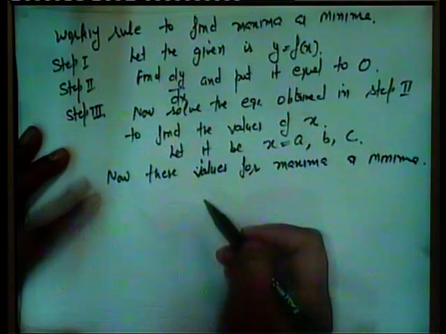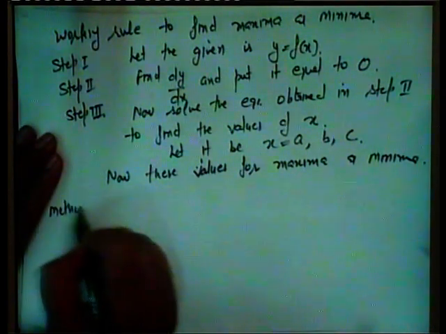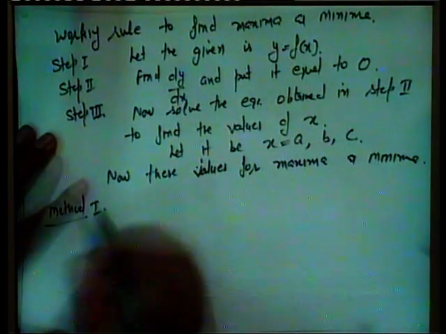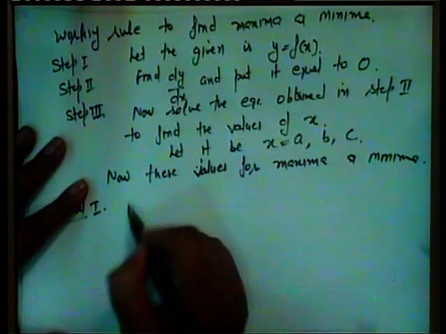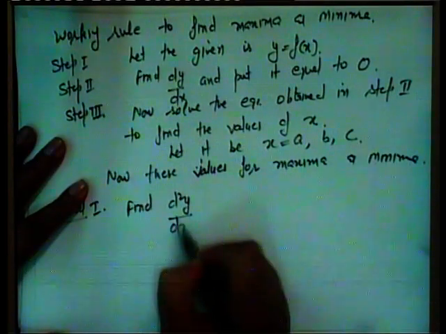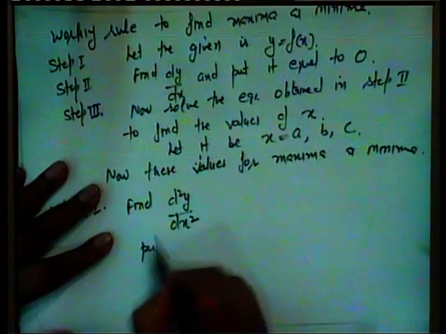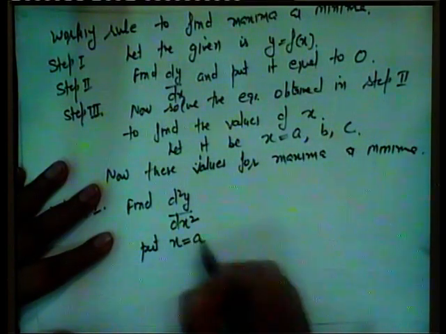For testing these values there are two methods. First method, find d2y by dx square. Put x is equal to a.